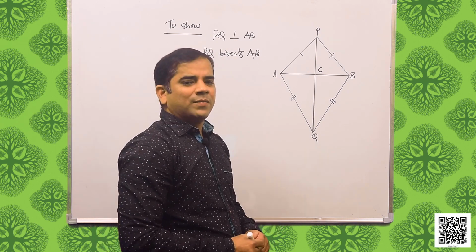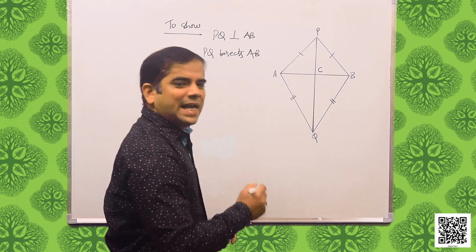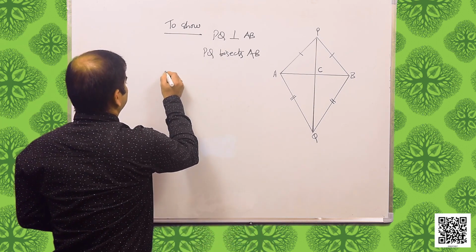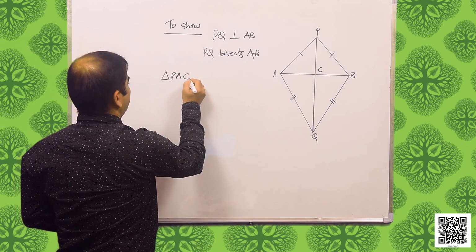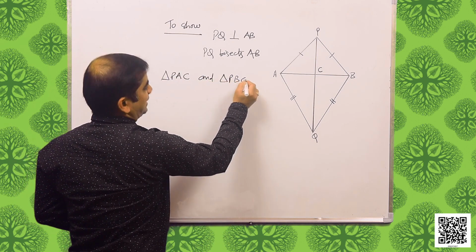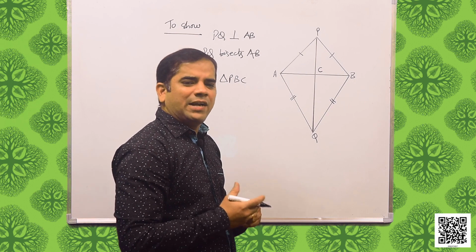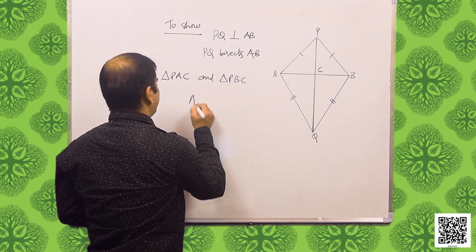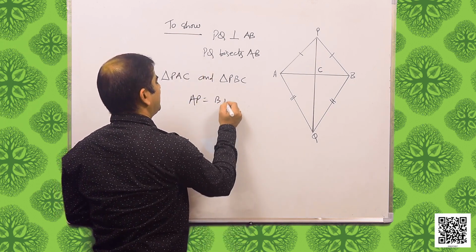So now let us consider triangle PAC and triangle PBC and check whether they are congruent or not. In these triangles, what data we have? We have AP is equal to BP, it is given.